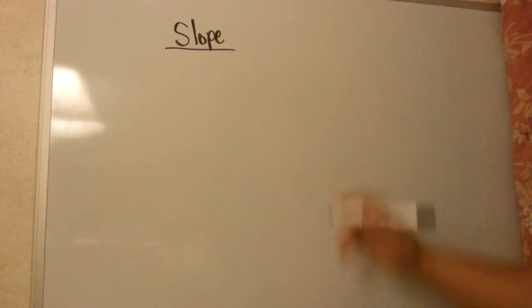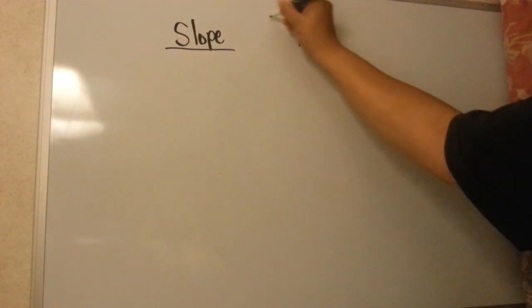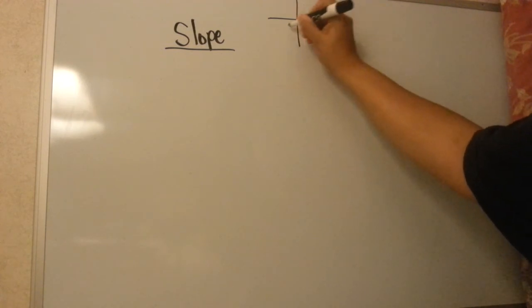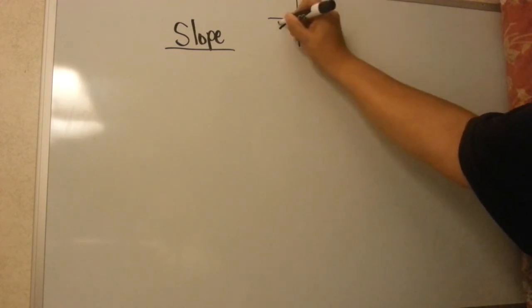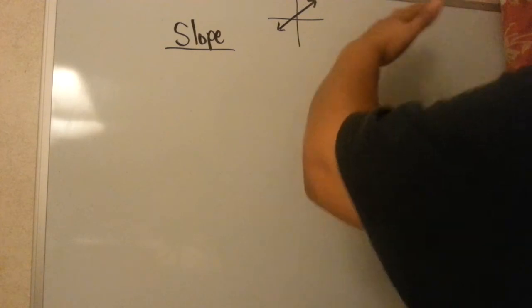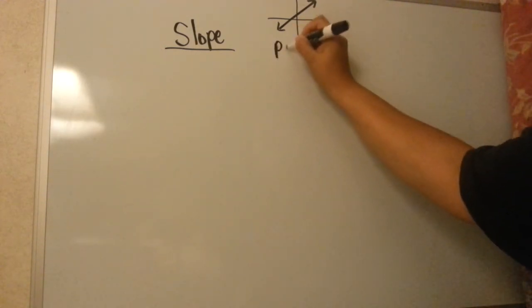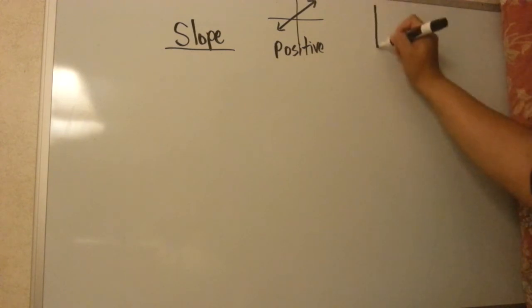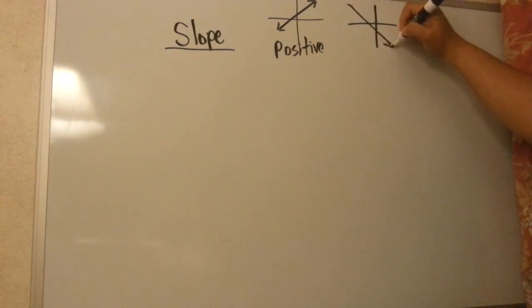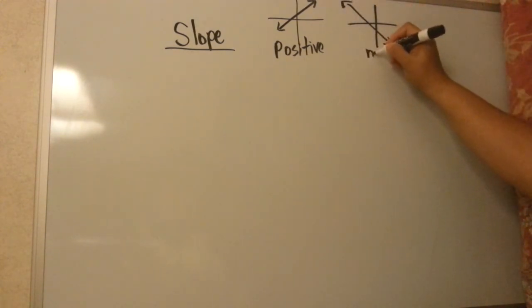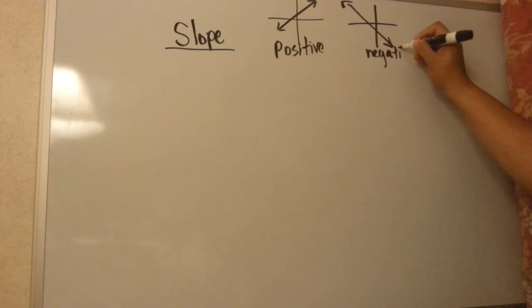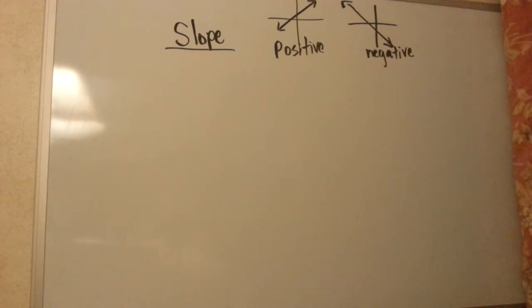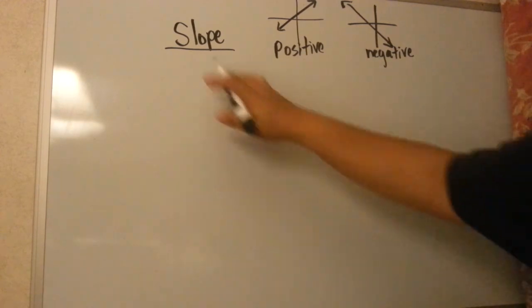Alright, we talk about slope in a line, and slope can be positive, when it's leaning like this, or slope can be negative. And how do we find slope?